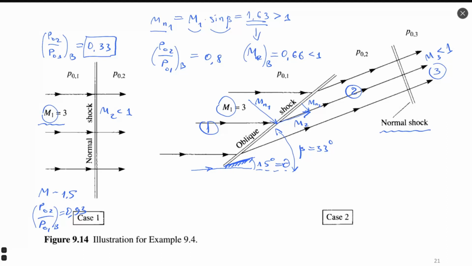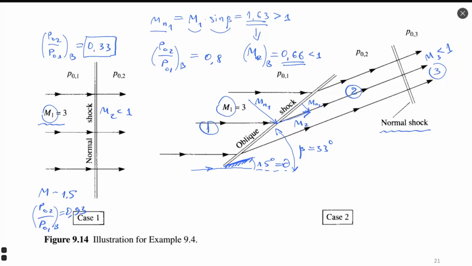The normal component is smaller than 1. So this is another checkpoint to make: Mn2 after the oblique, or after the normal shock wave, is always subsonic. So we have this transition through the normal shock wave, because it's normal to the normal component of the Mach number.